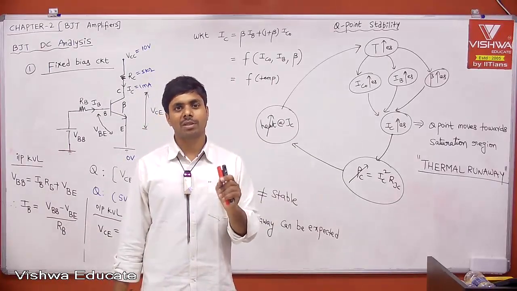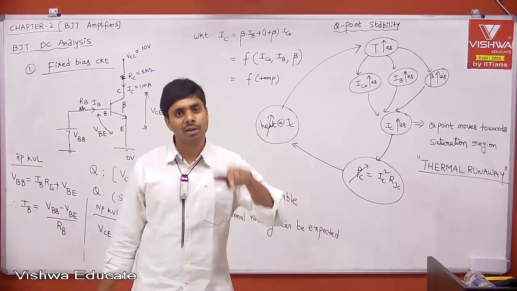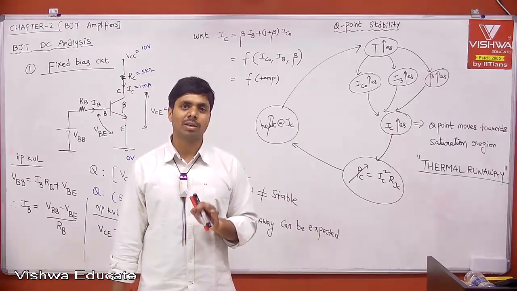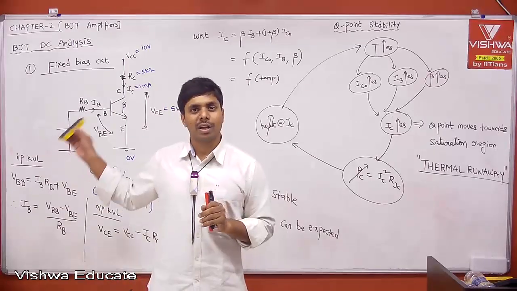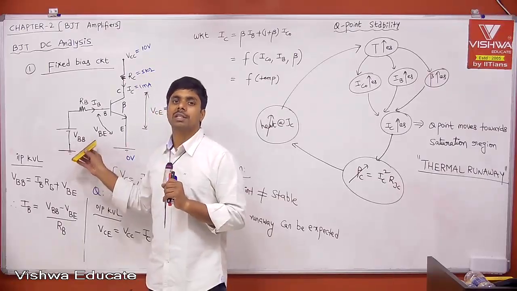Remember, when I speak about stability of anything, the technique is always negative feedback. If you want to improve the stability, we have to apply negative feedback. Therefore, negative feedback will be incorporated into the circuit such that you will get stability.